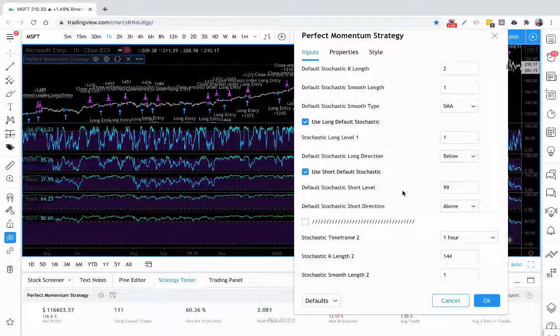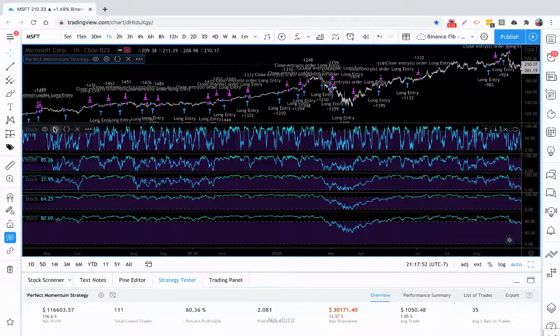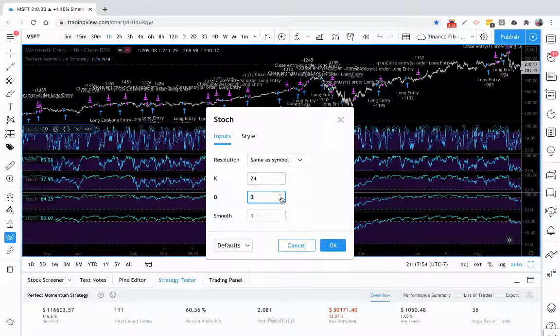You can use them all with each other at the same time to really detect periods that are extreme tops and bottoms. For example, we have this first stochastic set on a 2 setting. It's a 2 length.